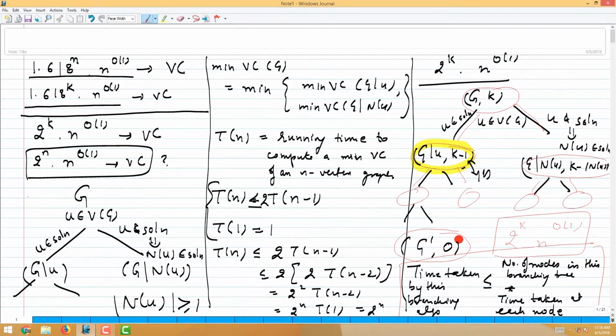See, okay, let's see. Basically we had this recurrence, and this recurrence was solving to 2 power n, right? And why were we getting this recurrence? So again, let me just expand it again.